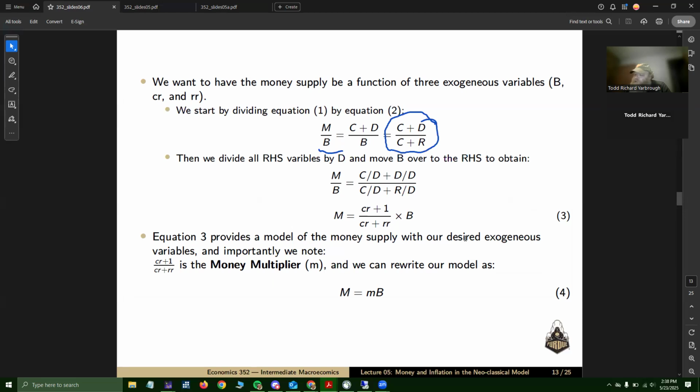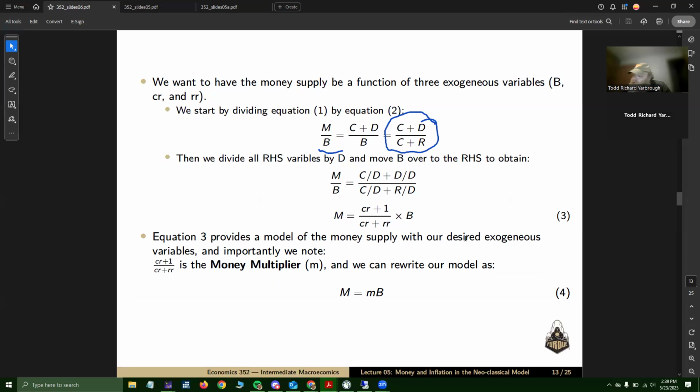Then we're going to put all of our currency, deposits, and reserves into what we call deposit ratios. We're going to do the currency to deposit ratio, the deposit to deposit ratio, which is just one, and the reserve to deposit ratio.